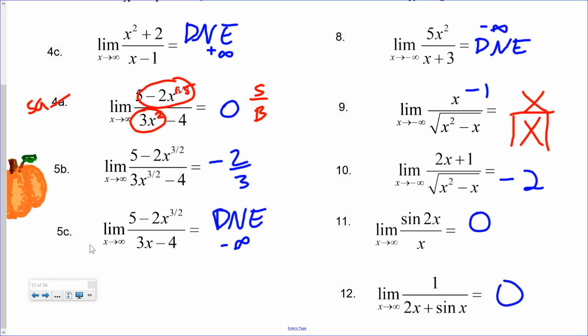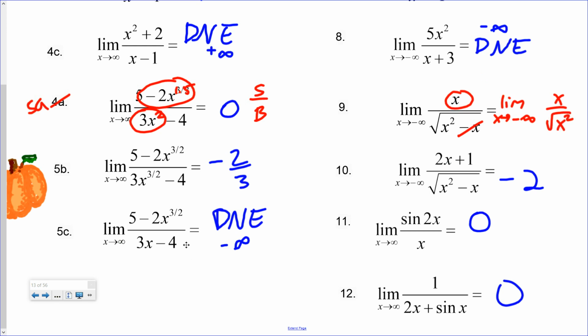Grant? Could you do 9? Number 9. Okay. Yeah, number 9 over here. If you plug in infinity, on the top, this is going to be the dominant term. On the bottom, though, this x is going to be negligible compared to infinity squared. So the equivalent to this is the limit as x goes to negative infinity of x over the square root of x squared.